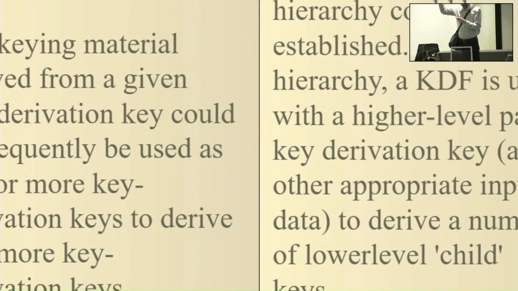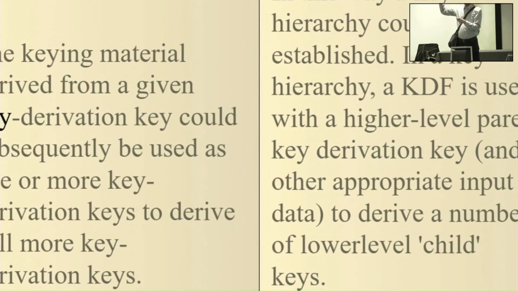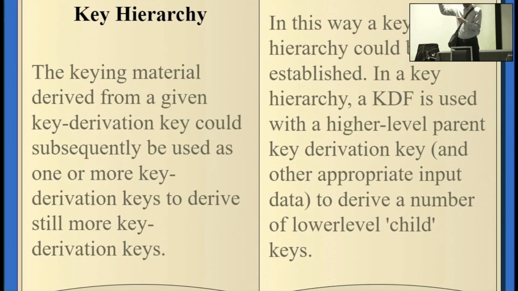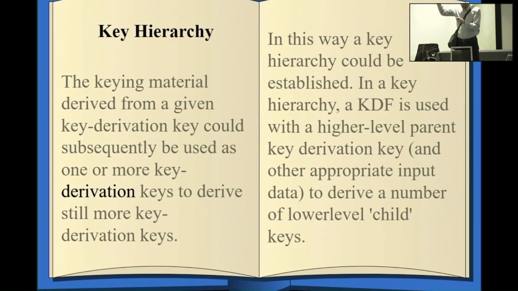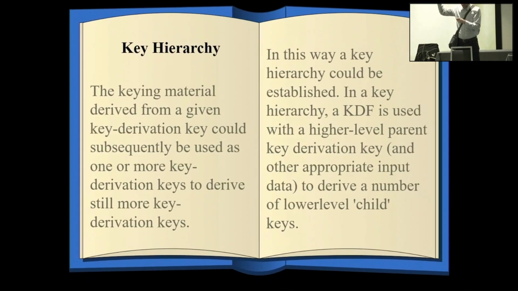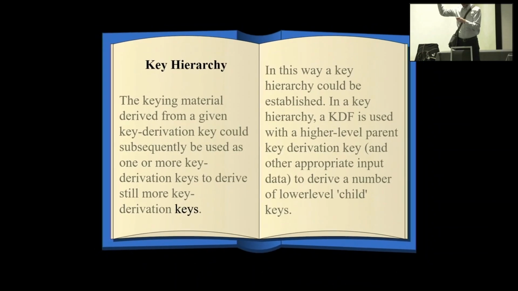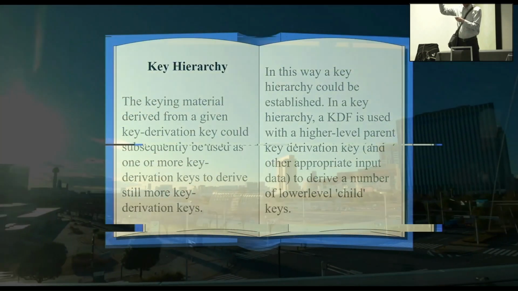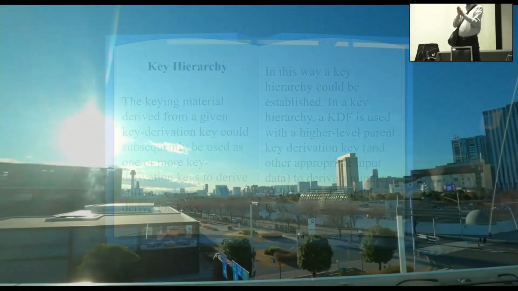The key material derived from a given key derivation key could subsequently be used as one or more key derivation keys to derive still more key derivation keys, key derivation.